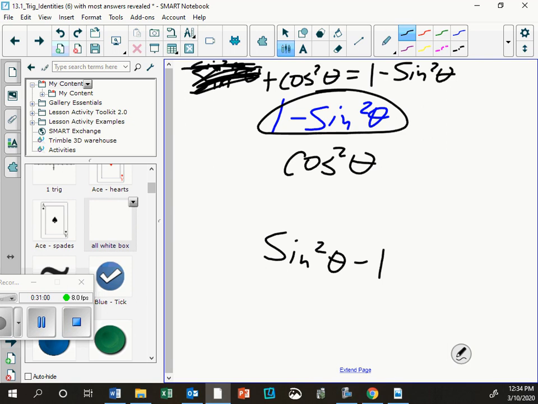What? Here's the way to think of it. If it's backwards from the way you wanted it, you could factor out a negative 1, and that makes it switch around. And then that's cosine squared, right? So it's negative cosine squared. So if you're ever in a proof and you're like, dang, if this thing was backwards, it'd be perfect, you can factor out a negative 1, and then it will reverse.